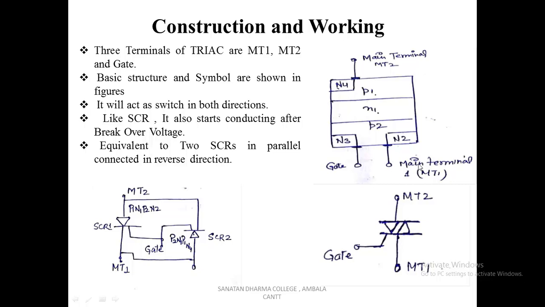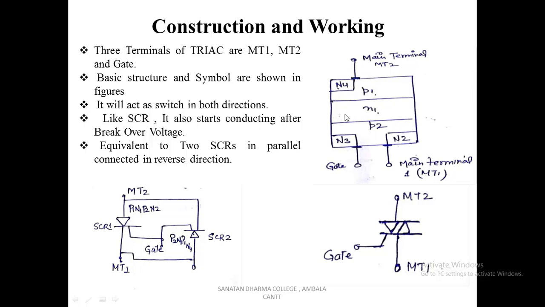These terminals are known as main terminal 1 and gate, and on the other side we have diffused a small N4 region, and the terminal is named main terminal 2. So you can see three terminals: main terminal 1, main terminal 2 and gate.